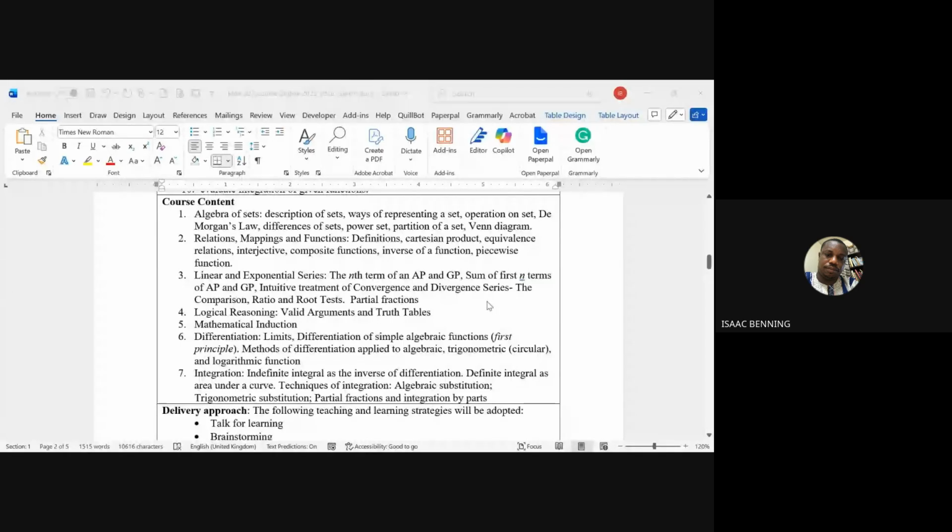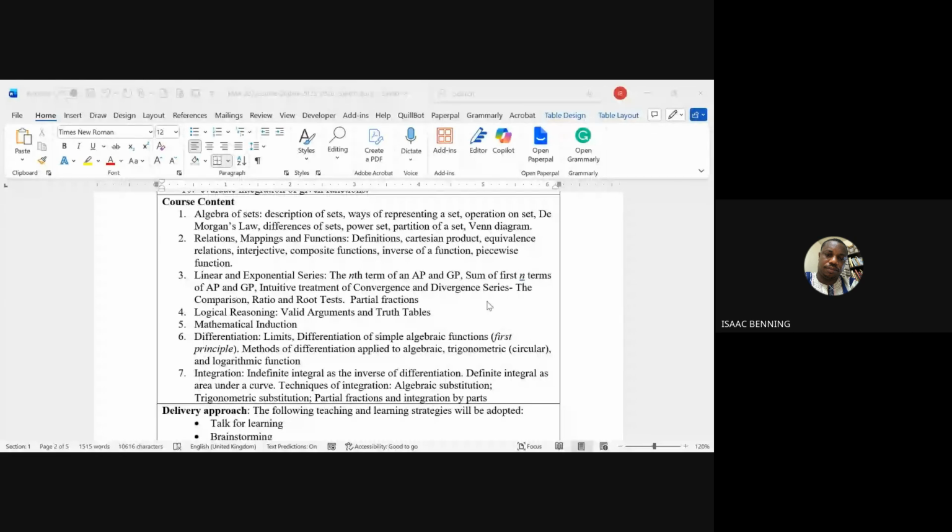So we shall focus on algebra of sets. And in the algebra of sets, we will be concentrating on description of sets, ways of representing a set, operation on set, De Morgan's law, differences of set, power set, partition of a set, Venn diagram.